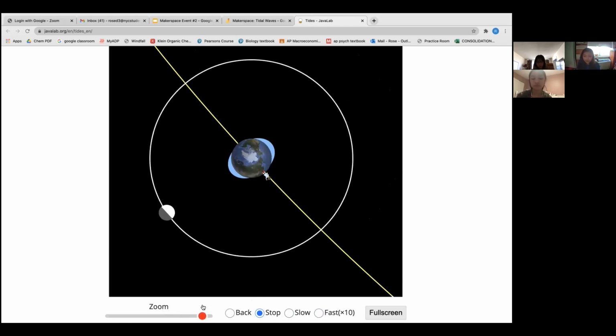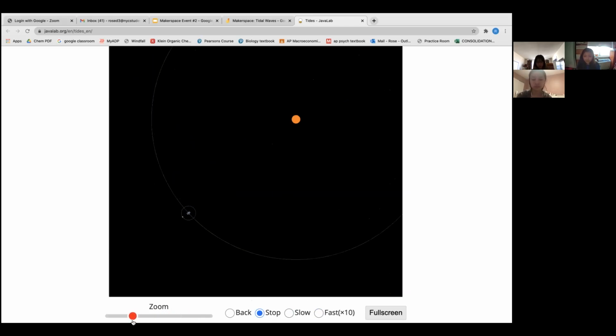So if you zoom out, you see that it somewhat forms like a straight line from the sun and the earth and the moon. So when it's at this direction and this position, you know that it has higher tides at some points and then it has lower tides on the other. So that's just one way you can find out how tidal waves work in relation to our solar system.